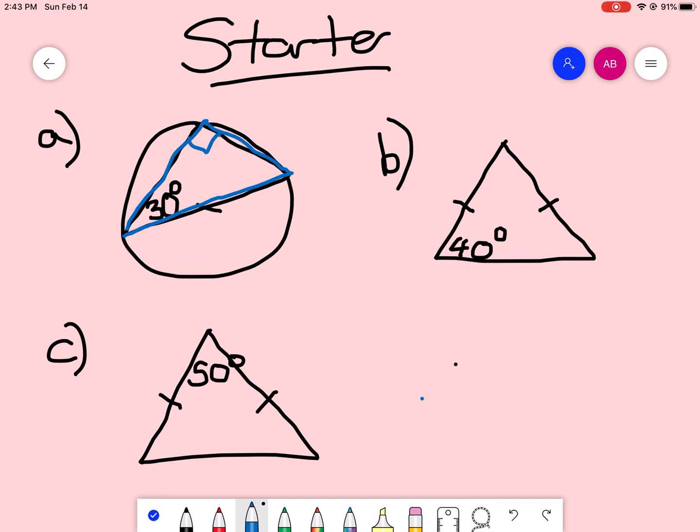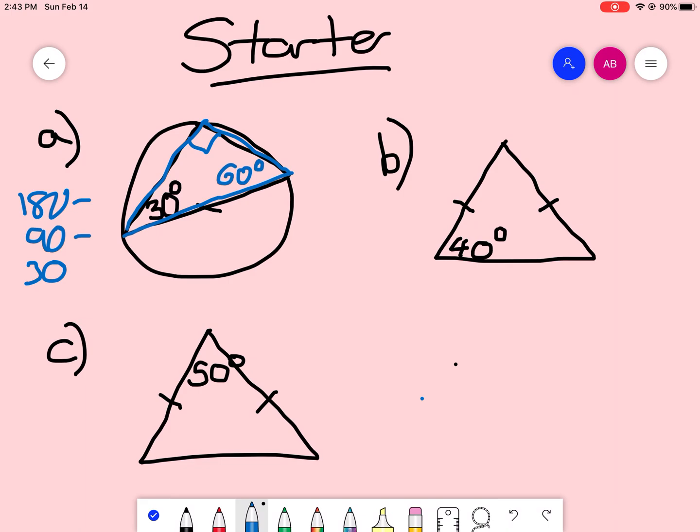Therefore, up at the top of this triangle we have a right angle. So if we have a triangle, one angle is a right angle, the other angle is 30, we can do 180, subtract 90, subtract 30 to find our missing angle. If we do that process, we should get 60 degrees as the missing angle in here.